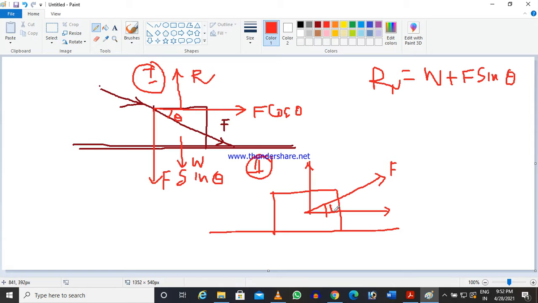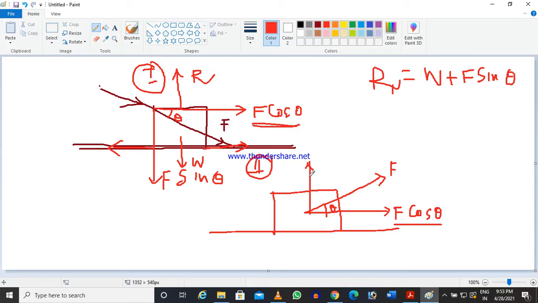If this is the angle theta, then this component is F cos theta. Basically this force will be helpful to move the block, but once the block is moving in this direction, a frictional drag will be developed in the opposite direction, opposing this force.